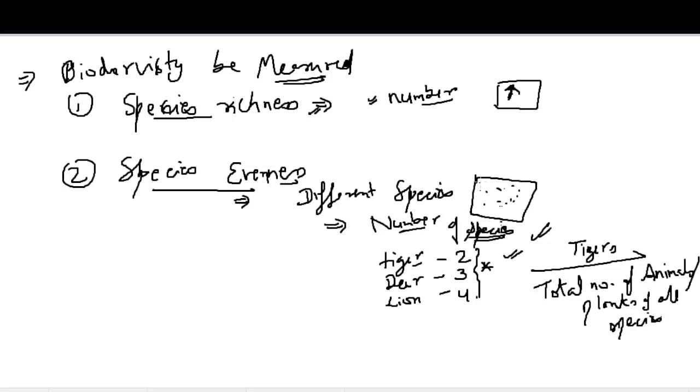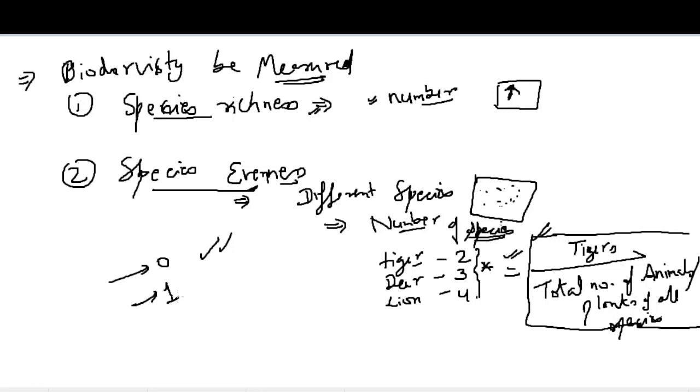Now you have got this ratio. If this ratio approaches 0, then this ecosystem is called diverse, there is evenness in the ecosystem. Otherwise, if this ratio approaches 1, that is nearly 1, then species evenness is not there.